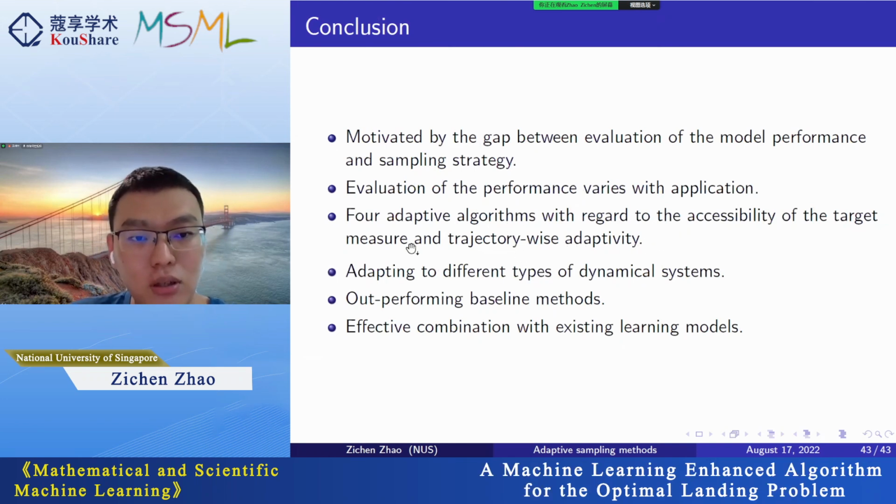And through the numerical results, we show that our method is adapting to different types of dynamical systems, outperforming baseline methods, and can be efficiently combined with existing learning models.